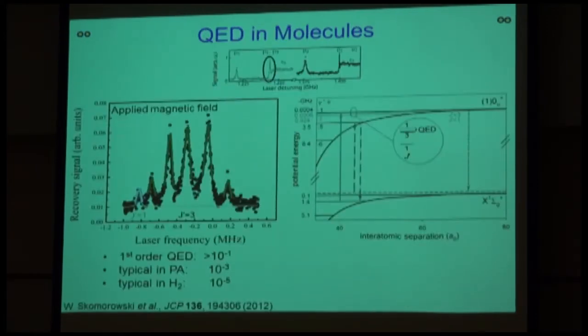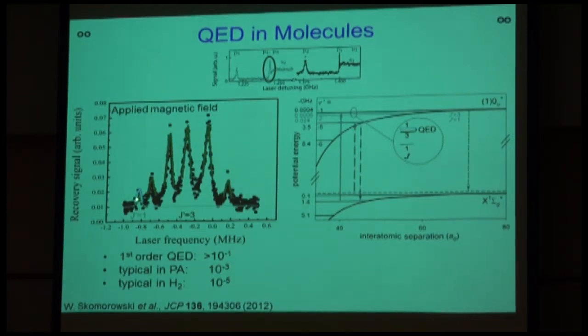And one more interesting piece of physics about these very weakly bound molecules is the possibility to look for quantum electrodynamics effects at a kind of high precision level. So again, I'm plotting this. I'm zooming in on this molecule recovery peak, really the one that's closest to the asymptote.